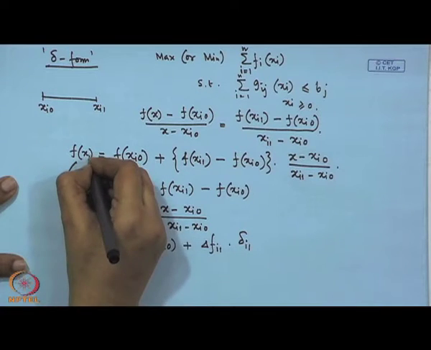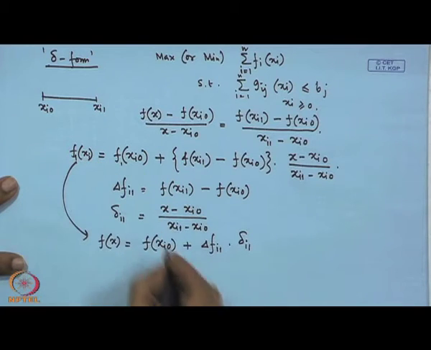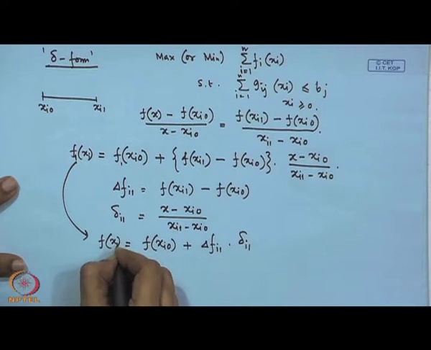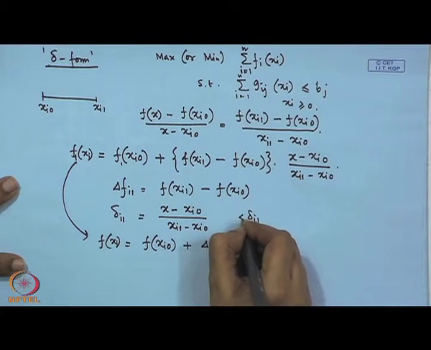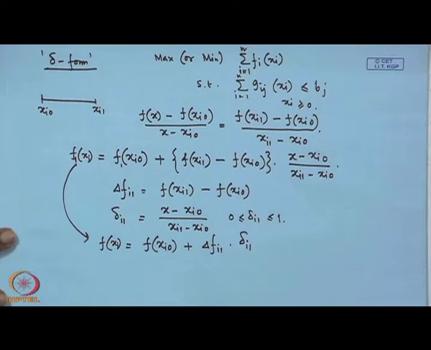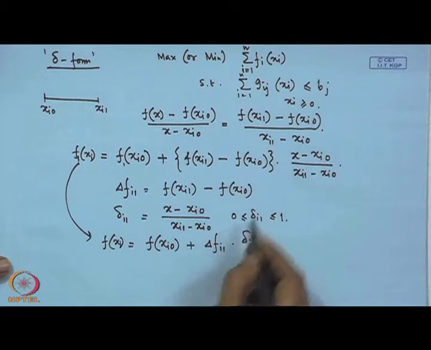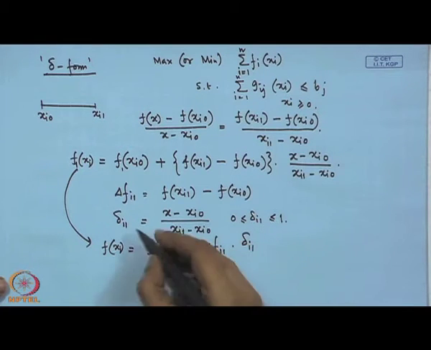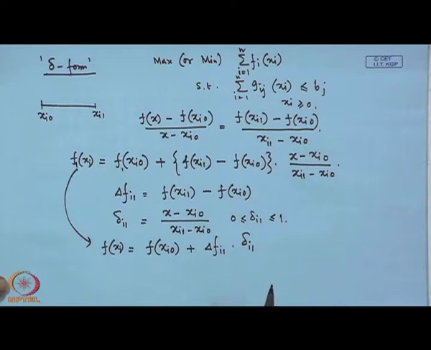Clear, alright. Now, if this is so, you see here this delta I1 is in between 0 to 1. Thus, as in the lambda form we have introduced the lambda decision variable, here instead of that we can introduce the decision variable del I1, alright.